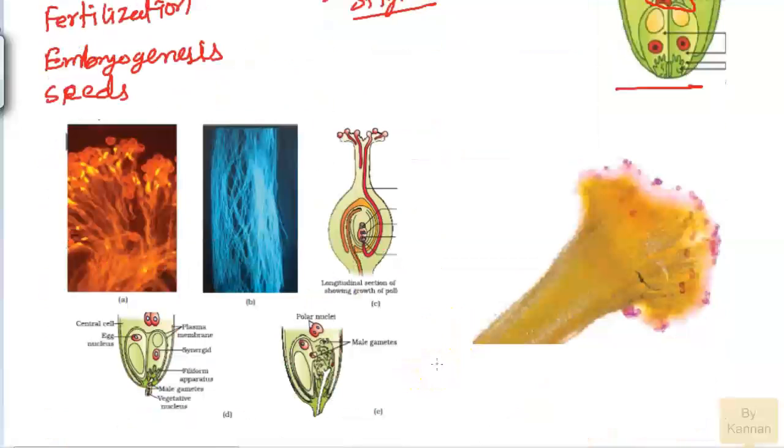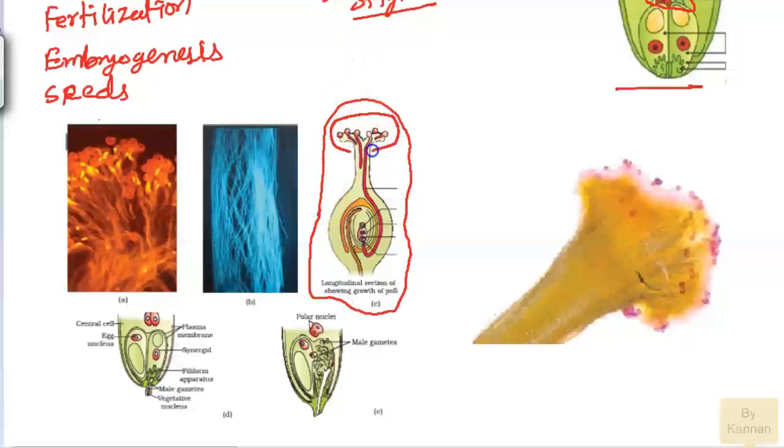Okay, here you can see some figures. This is a gynoecium. At the top you can see some pollen grains trapped over the stigma, and some pollen grains have grown inside the style also.